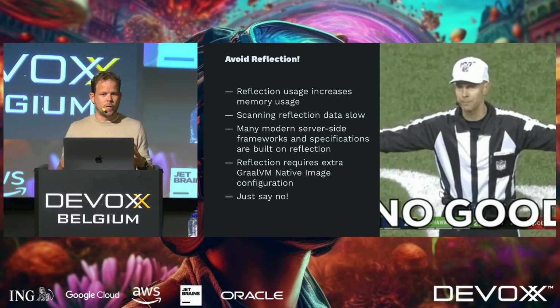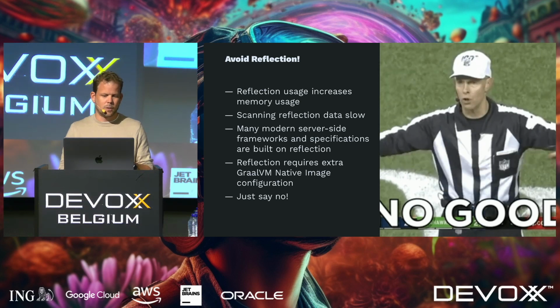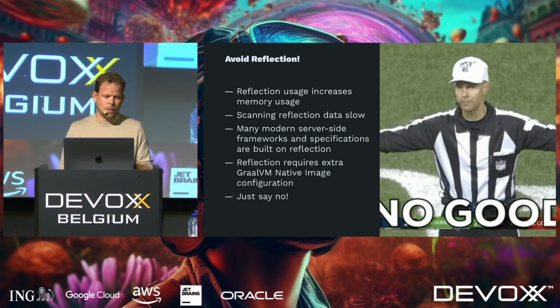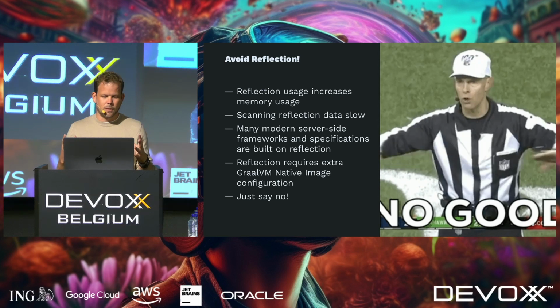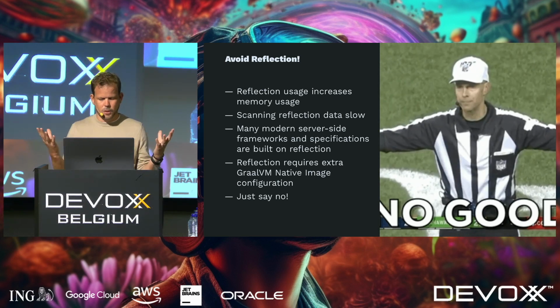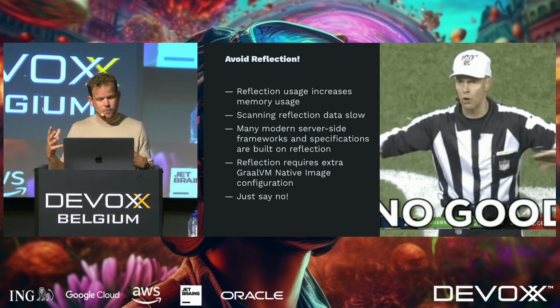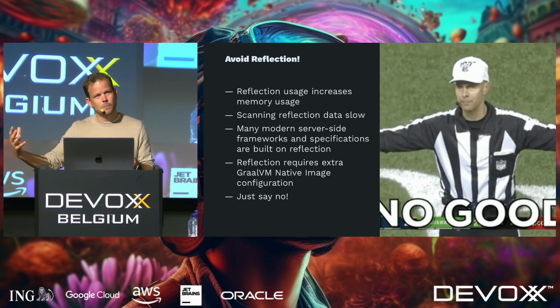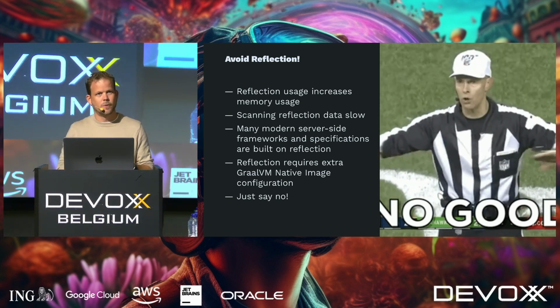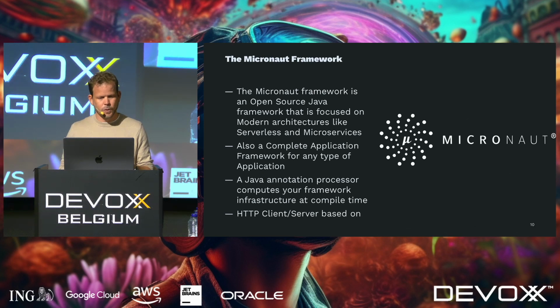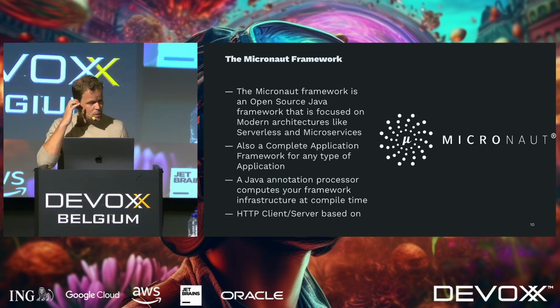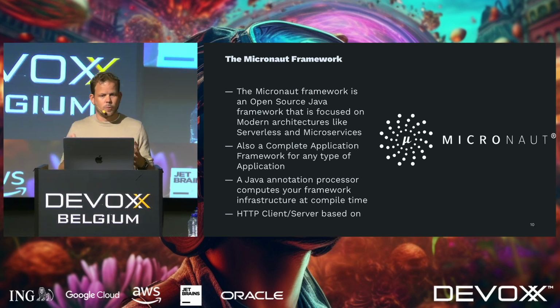So if you can avoid reflection, it's a good thing. It's not that reflection is awful. It works in native image, but if you can do less of it, it leads to less memory consumption, faster startup, and so on. Micronaut is an open source Java framework focused on these modern architectures.